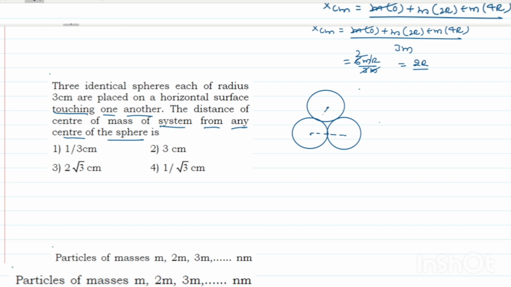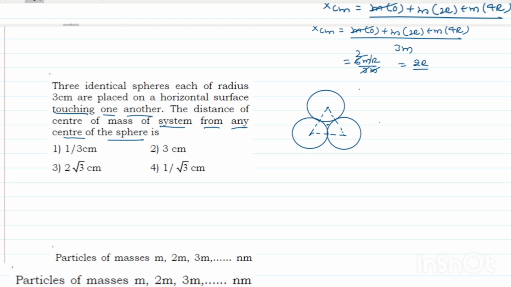So when you combine all the centers, it forms an equilateral triangle, right? The distance of the center of mass of the system from any center of the sphere they're asking. So the center of mass for all three particles will be located at the centroid, students.